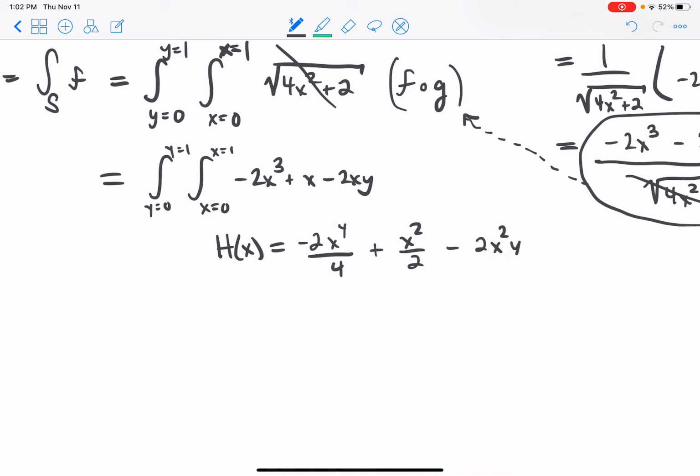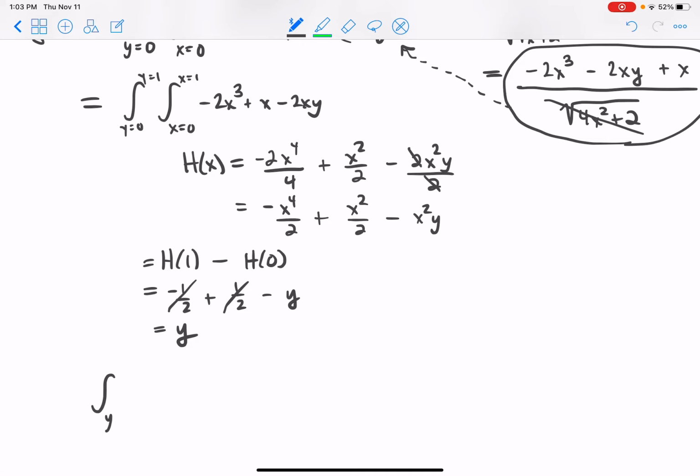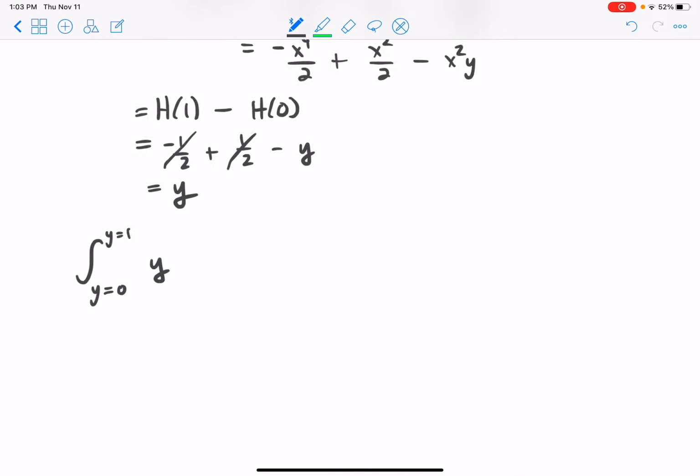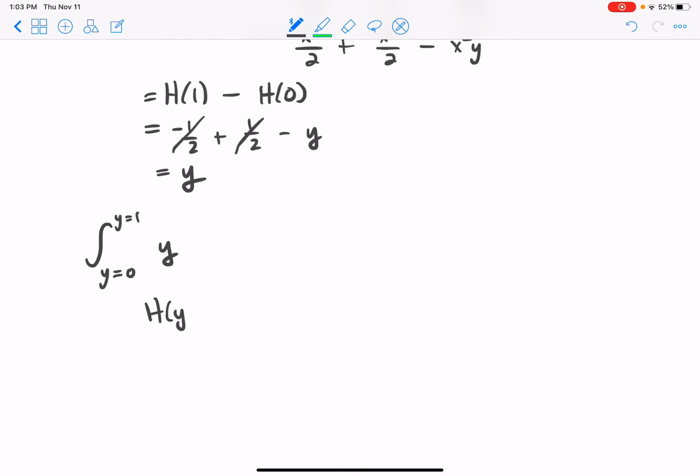Fundamental theorem of calculus one time. Now I need to do it a second time. Y equals 0 to y equals 1 of y. Here the antiderivative is easier. Y squared over 2.